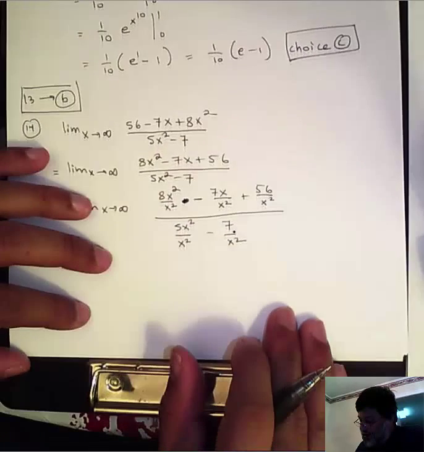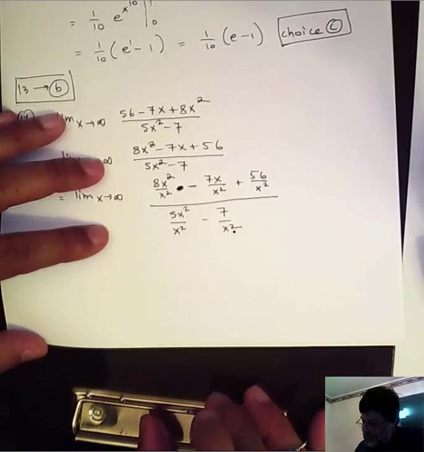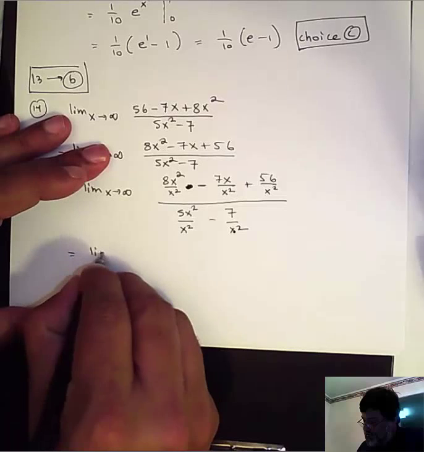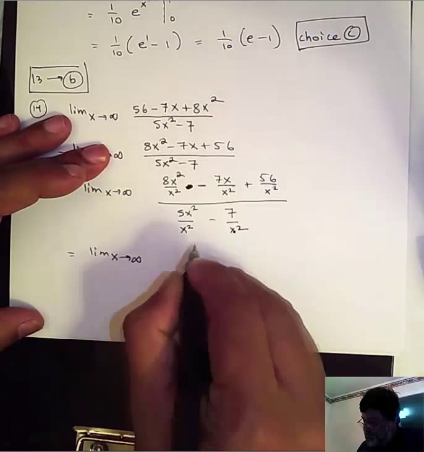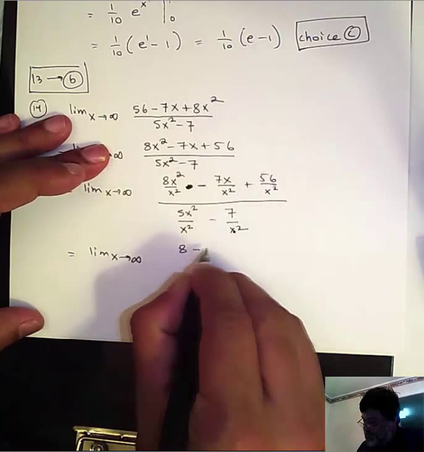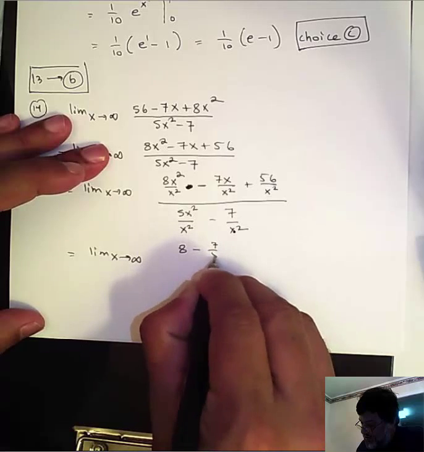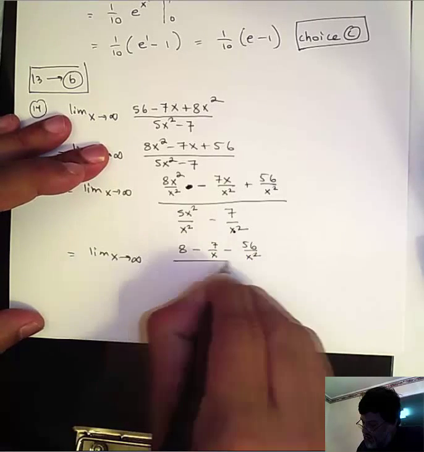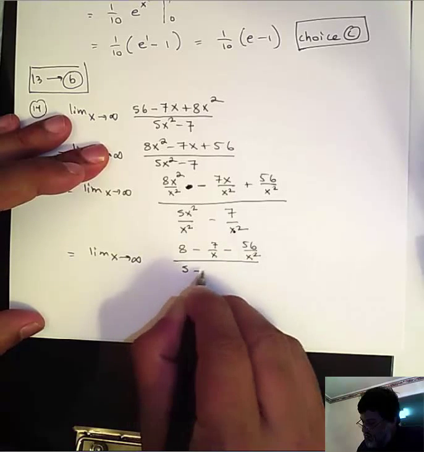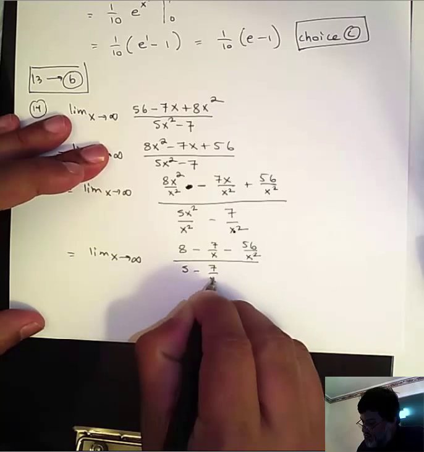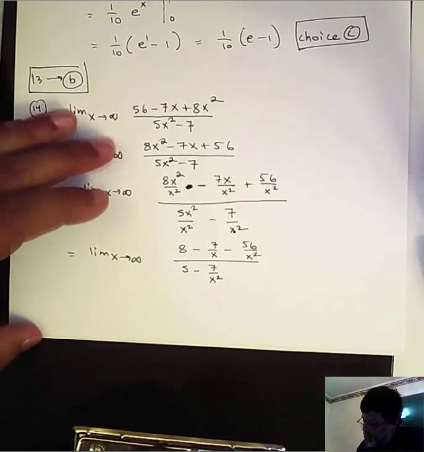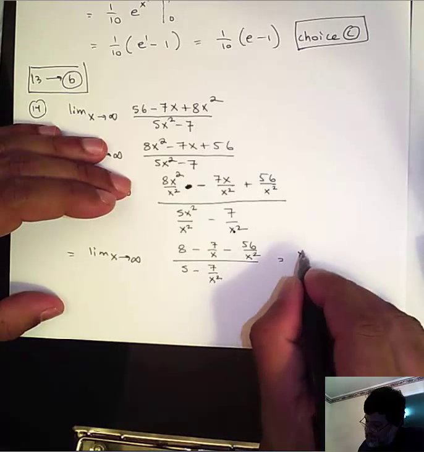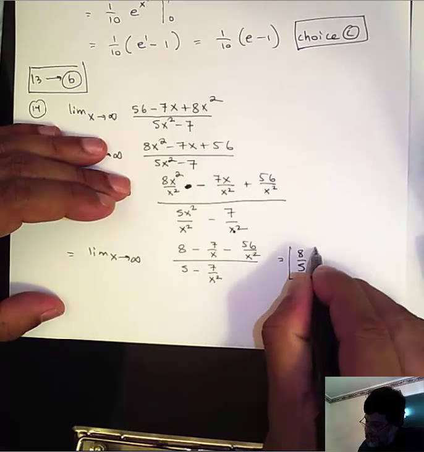Alright, let me see what we have left. Now if you put in x equals infinity, this will be 0, this will be 0, this will be 0. We get 8/5.